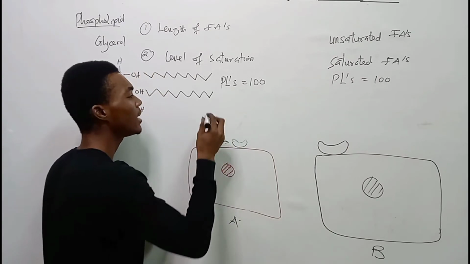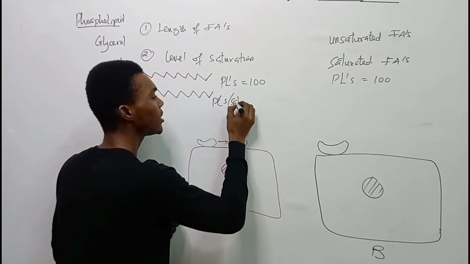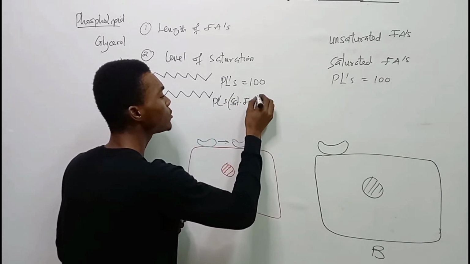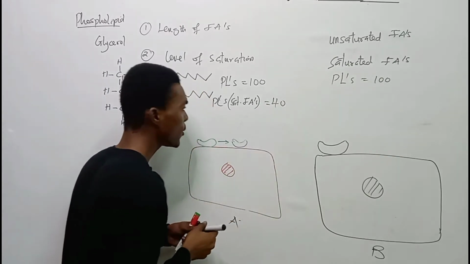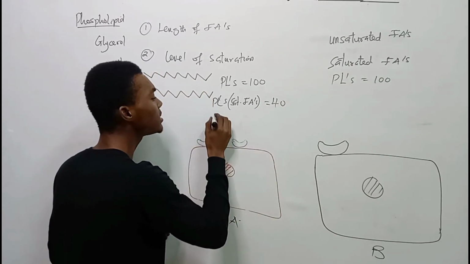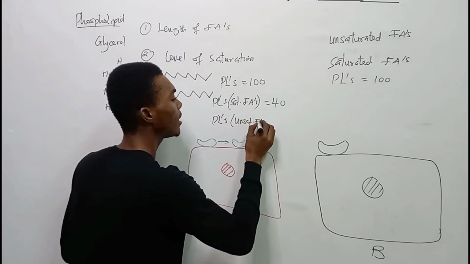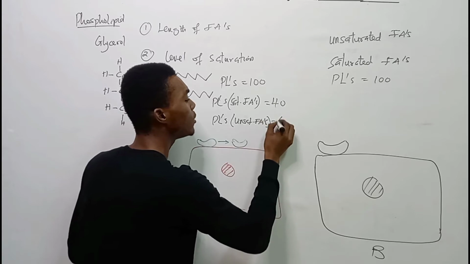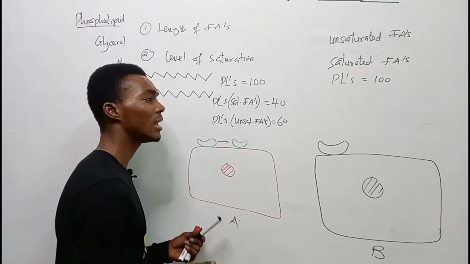Let's put it this way. Phospholipids with saturated fatty acids in cell type A are 40, whereas phospholipids with unsaturated fatty acids take up the remaining 60. That is what is peculiar to our cell type A in our illustration.